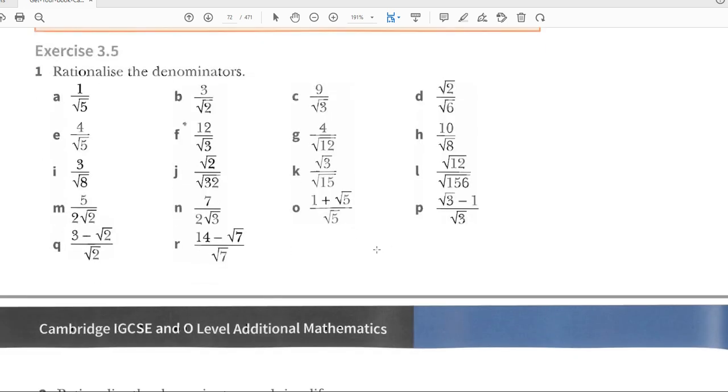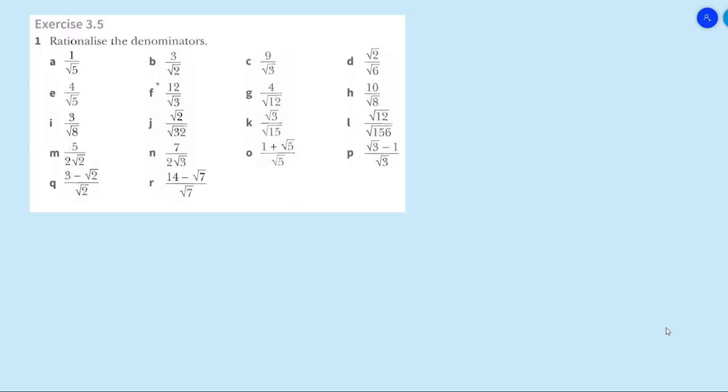See question number 1. Rationalize the denominators. Question number 1, part A to part R. Here we go. Part A is 1 upon root 5. So how we rationalize this?